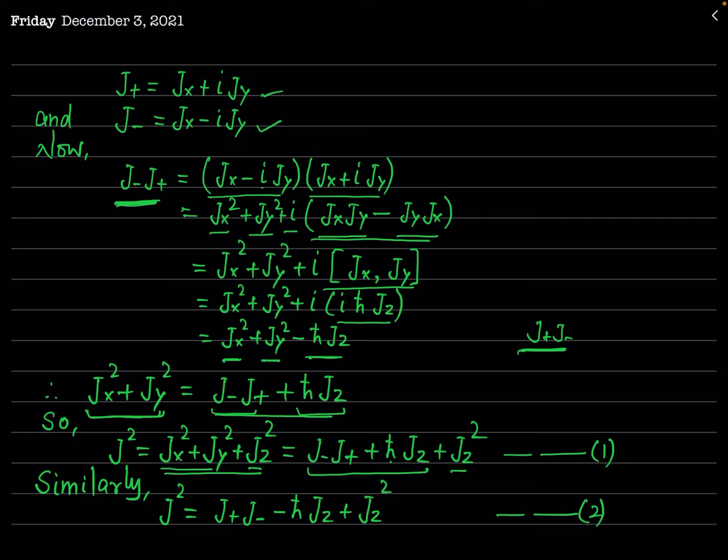You can see. Now we are in a stage how to find the eigenvalues of the operators j square in terms of jz. Now you know that the operator j square and jz commute. You have seen in the earlier lecture this fact.